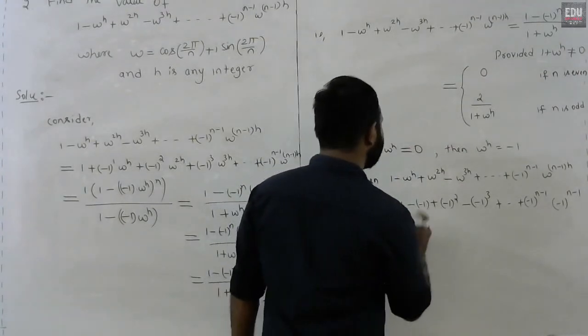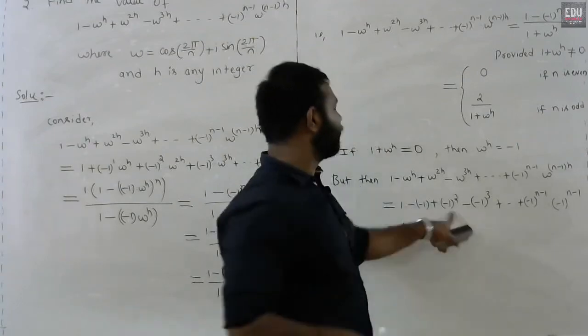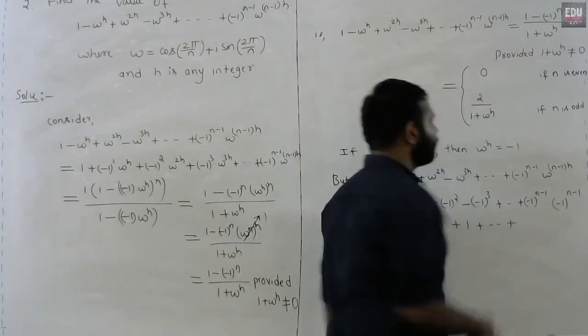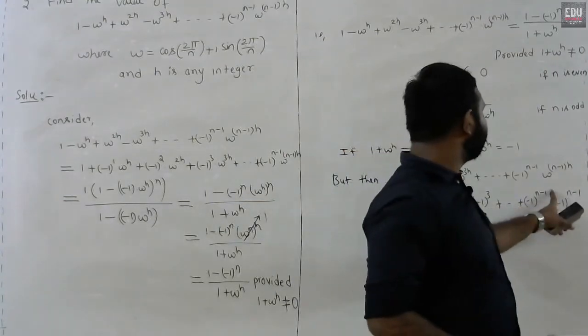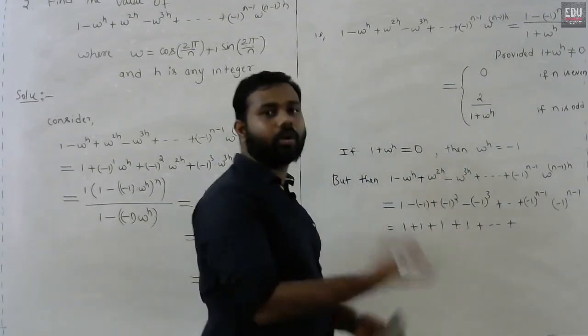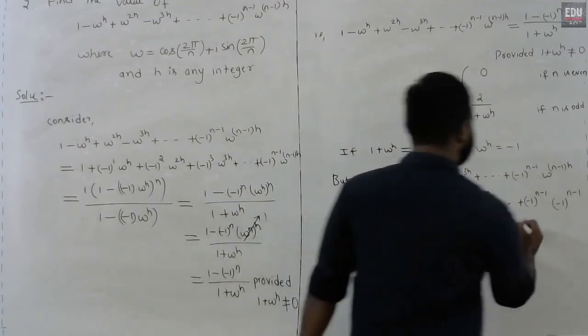So it is 1 minus to minus plus 1, all are plus 1, the final one, minus 1 power n minus 1 into minus 1 power n minus 1. It will be whole square.